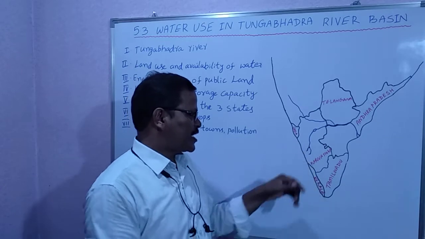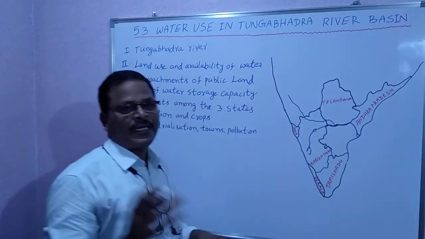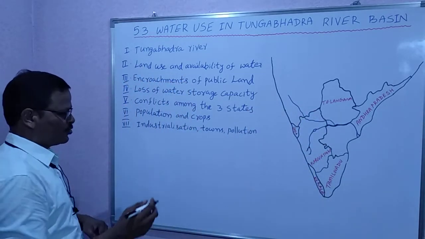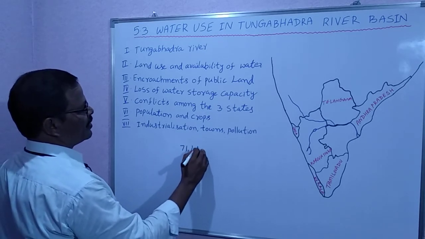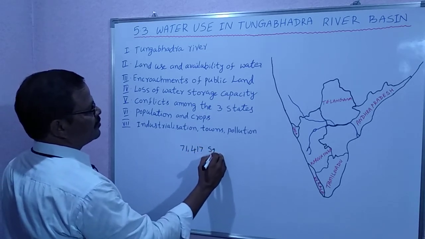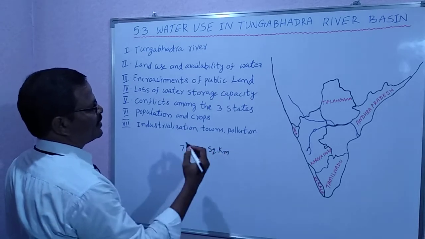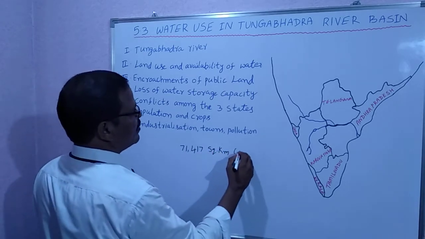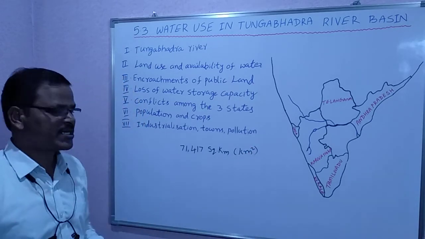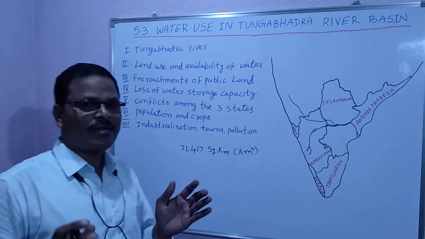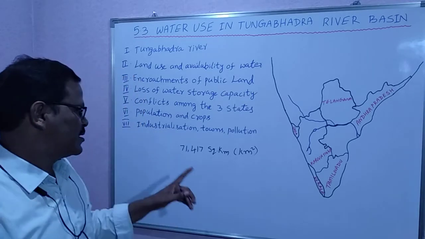The total catchment area of Tungabhadra is 71,417 square kilometers. Kilometer square, both are same.